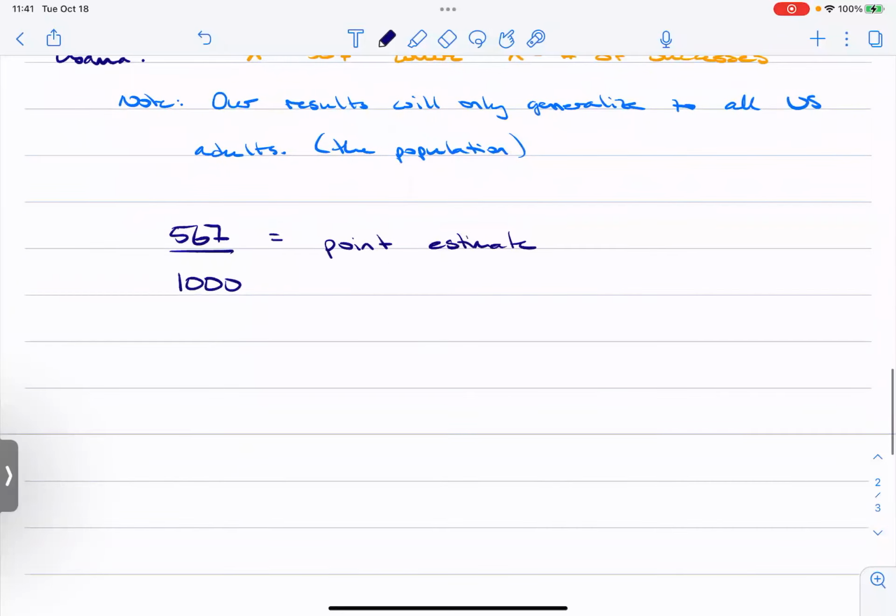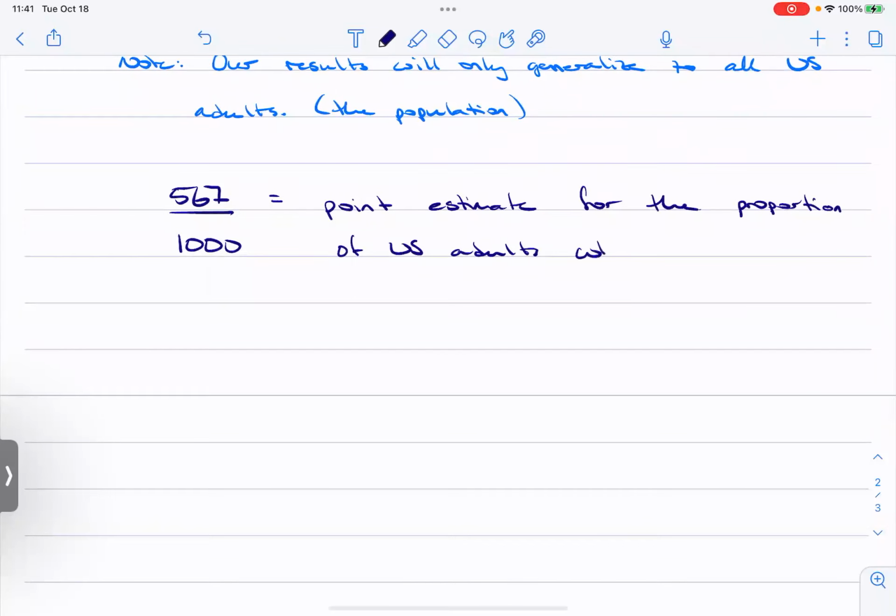So the point estimate for the proportion of US adults who plan to vote for Obama.